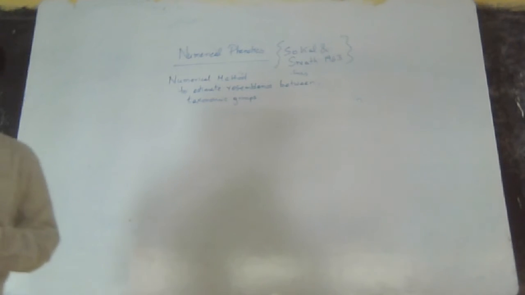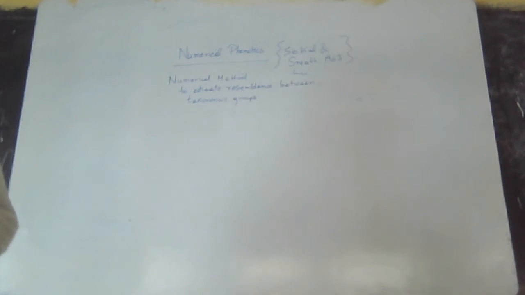If you use a numerical method, the numerical score will be high when there is similarity, and low when there is less similarity between two groups. You are now quantifying the number of characters.